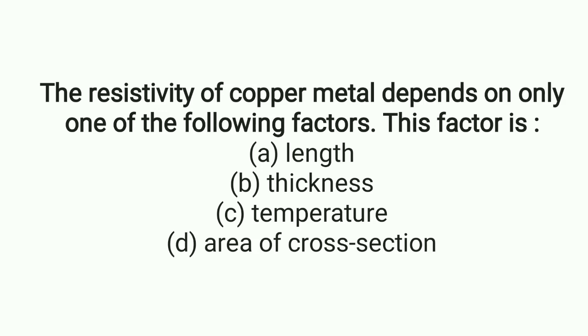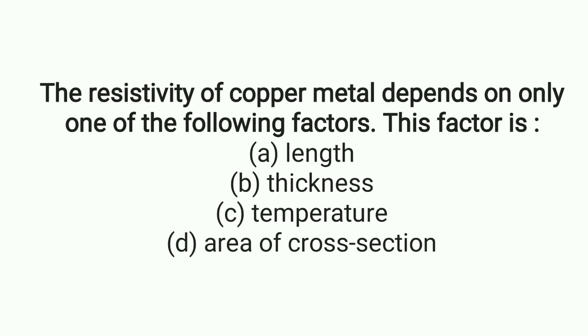The next question. The resistivity of copper metal depends on only one of the following factors. This factor is option A, length. Option B, thickness. Option C, temperature. Option D, area of cross section. Look here, we have the resistivity of a copper metal.